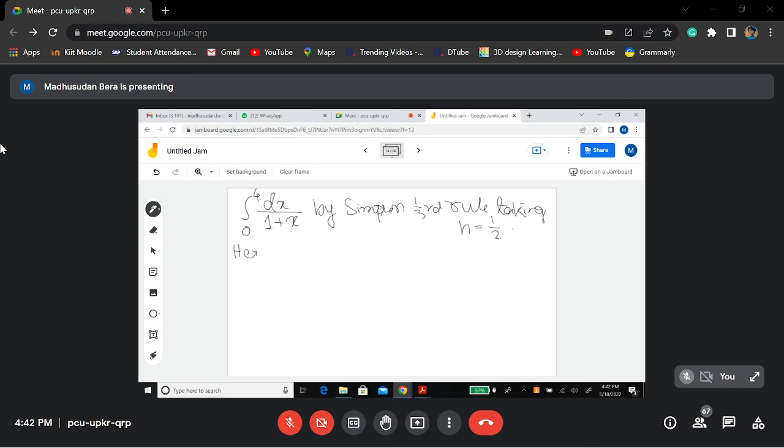So what are the things here? f of x equal to 1 by 1 plus x. Okay, h is half. So a equal to 0, b equal to 4. That is given. What are the nodes?